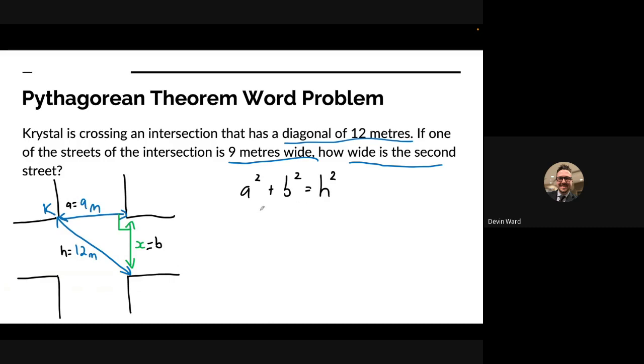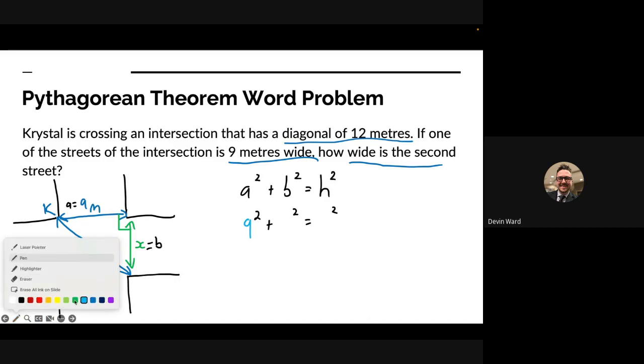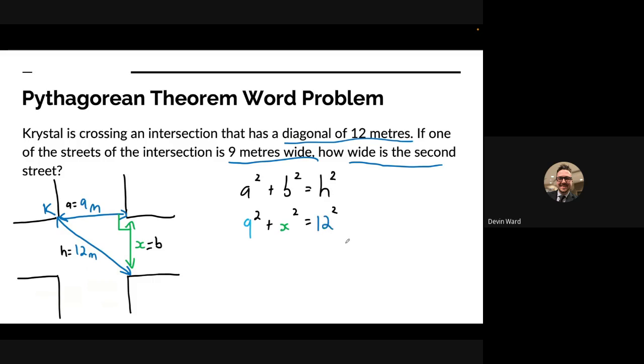Okay, so looking at this, I can sub in all of my variables and numbers now. I just said that a is 9 meters, so a equals 9, plus I said that b is x, so I have x squared, and that is equal to my hypotenuse, which is 12 squared.